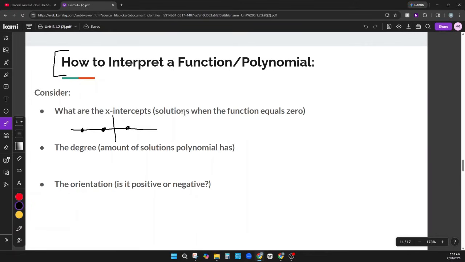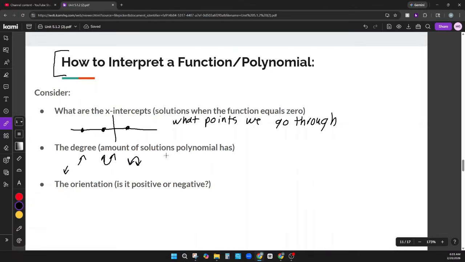So the x-intercept gives us the foundation, telling us what points we go through. It basically sets up our graph, what our graph is going to look like. The degree tells us whether we're going to be beginning and ending in opposite directions, or beginning and ending in the same direction.